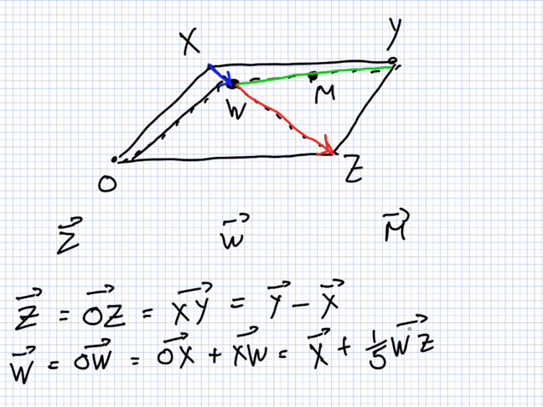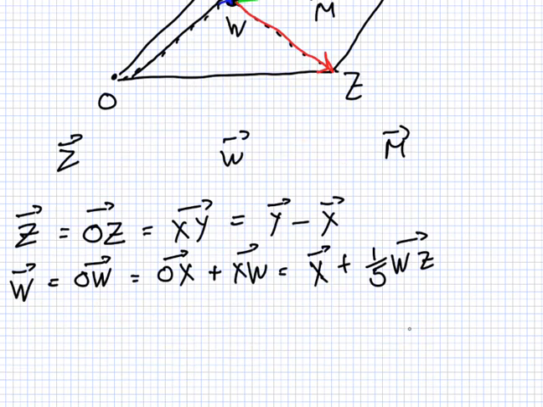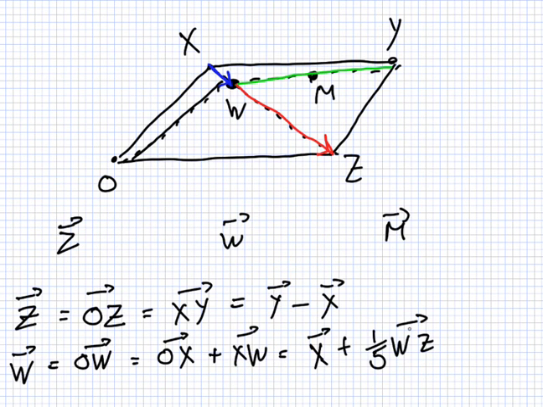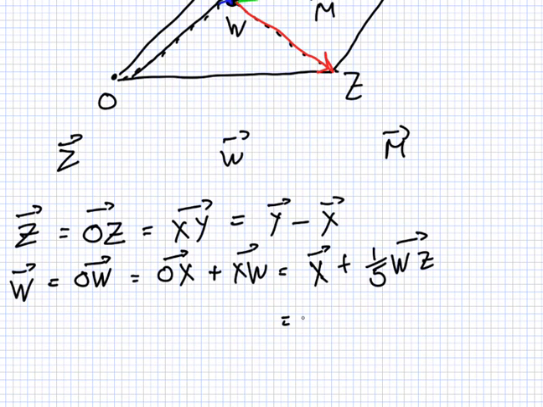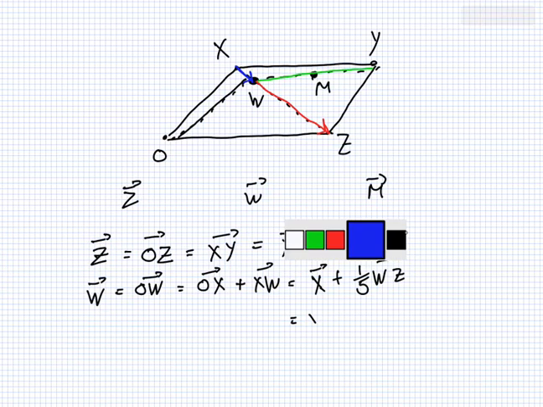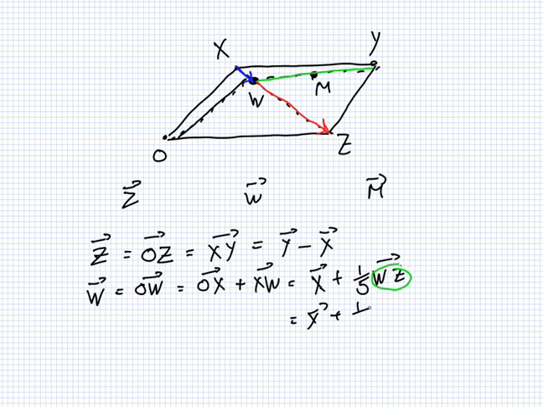But, wait, don't write that last bit down. Well, you can write it down, but I'm just going to say that we're trying to not have the W here. So rather than writing 1/5 WZ, how could I write this as an XZ? Remember, WZ would be 5/6 of what?